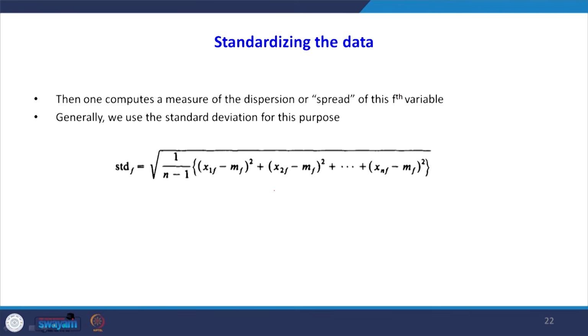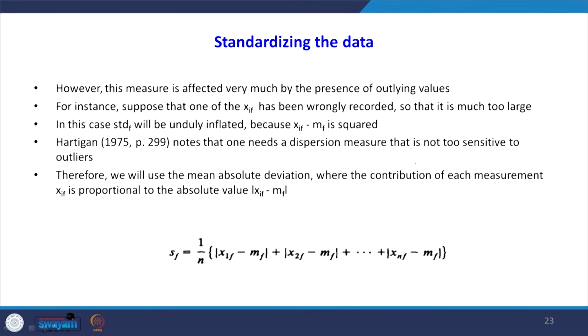Then one computes a measure of dispersion or spread of this fth variable. Generally we use the standard deviation. What is the standard deviation? It is the square root of the sum of (x1 minus m_f) whole square, plus (x2 minus m_f) whole square, and so on up to (xn minus m_f) whole square, divided by n minus 1. This is one way of standardizing the data.